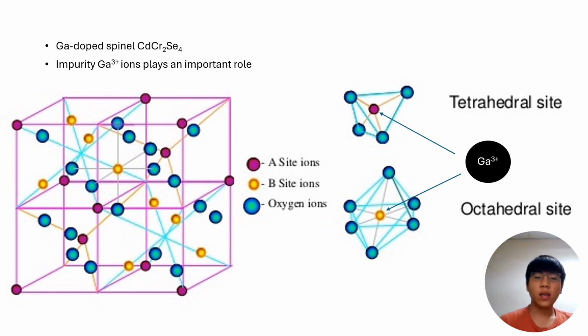A similar case is gallium-doped spinel. So in the spinel, there are tetrahedral sites and octahedral sites, and the doped gallium will substitute into these two sites. Why I talk about this is because usually the magnetic property changes originate from the substitution behavior of the impurity atoms in the crystal structures.